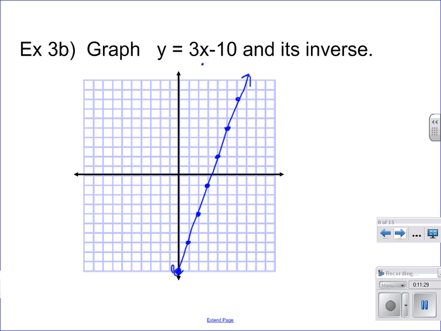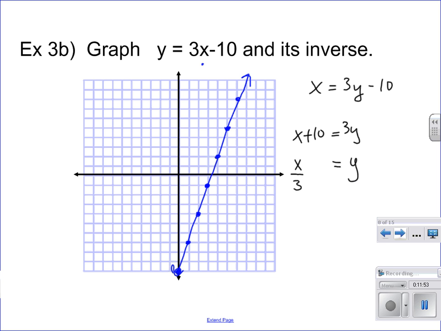All right, so now its inverse. I've got to find its inverse, right? So let's switch the x and the y and get y by itself. So divide by 3.